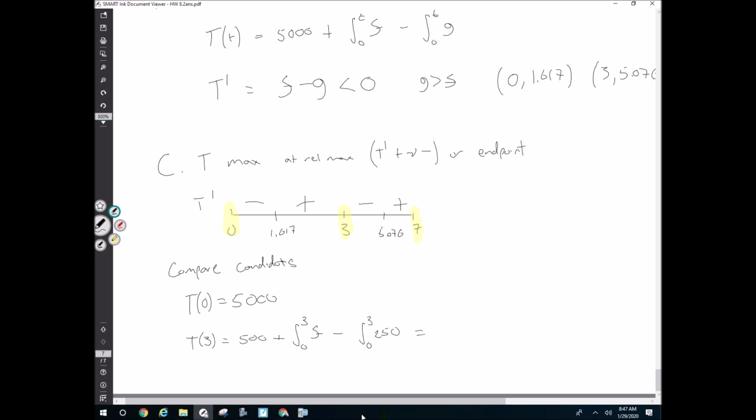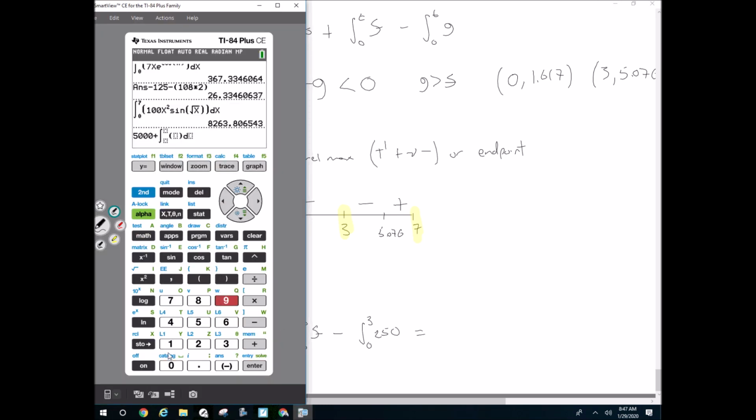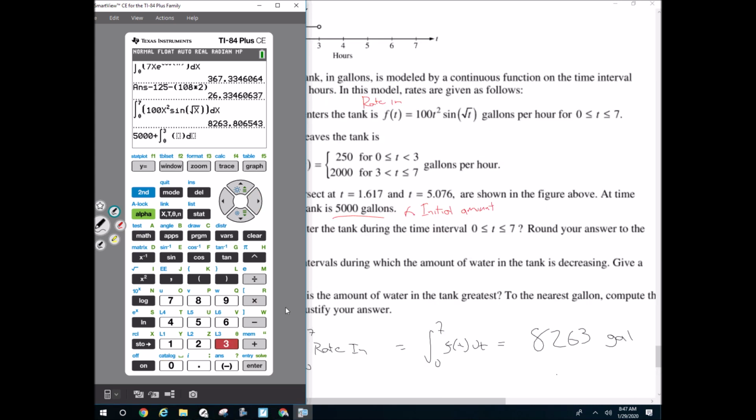Let's find that value using our calculator. Why do I keep writing 500? I don't know. 5,000 plus integral from 0 to 3 of F. Find the area under F will be the total increase. Minus, you don't have to do an integral here.